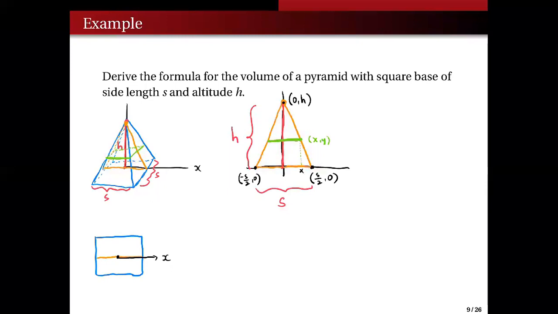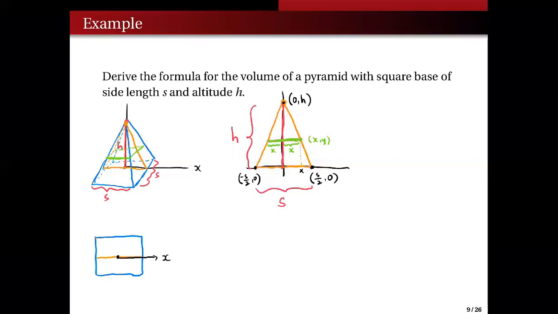And therefore, it's from this point up to this point. This is x. And therefore, from this point up to this point, this is also x. So the total length for this green part here is equal to 2x.